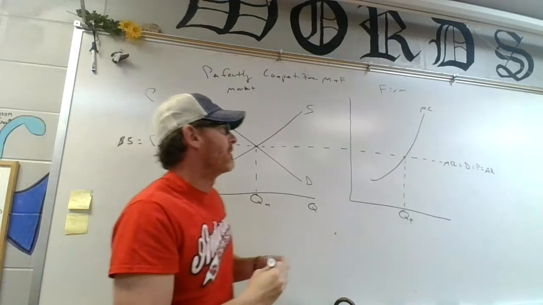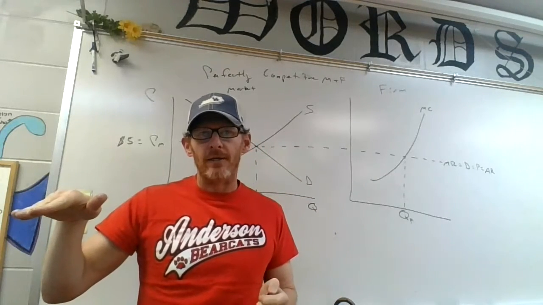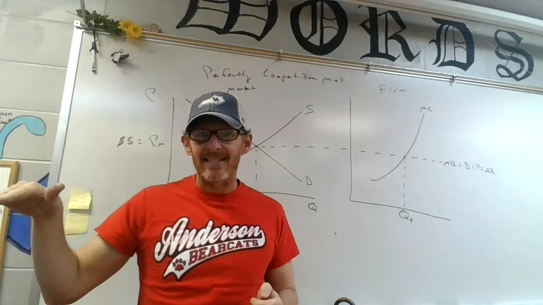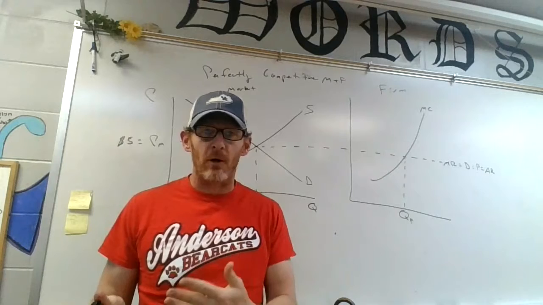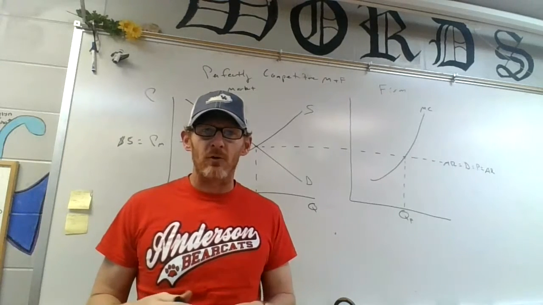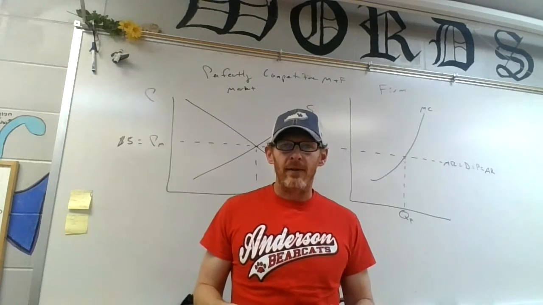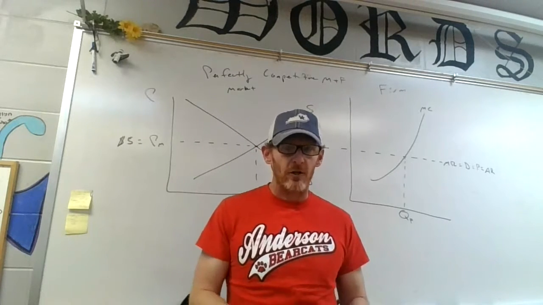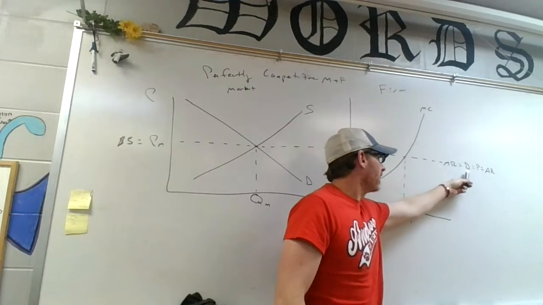And the demand is perfectly horizontal and perfectly elastic because there are an unlimited amount of substitutes. In this market, there is no distinction between farmer A and farmer B's products, right? So that's why marginal revenue and demand and price are the same.